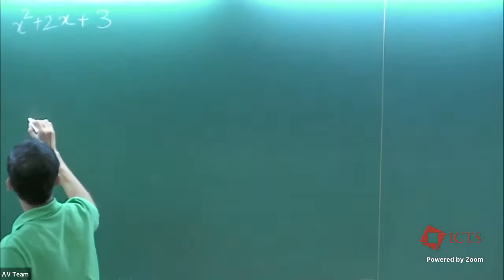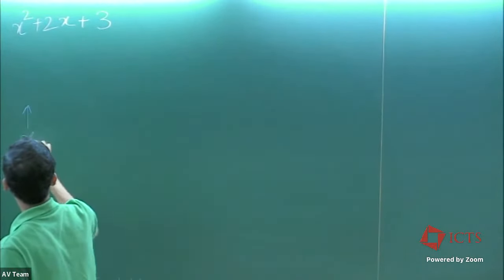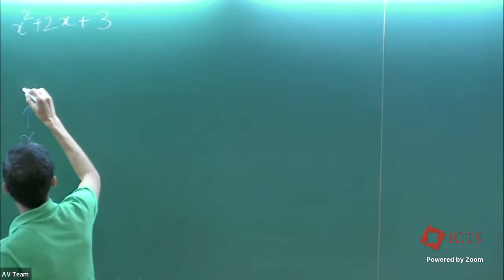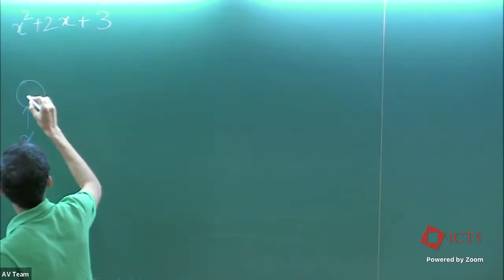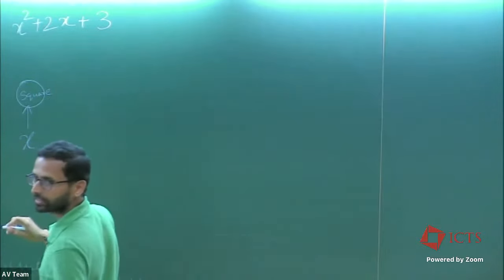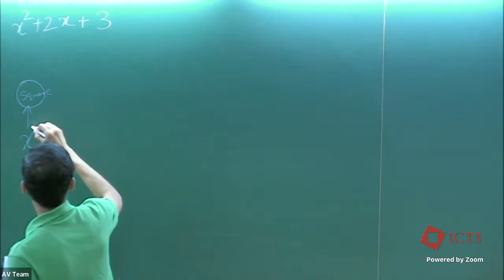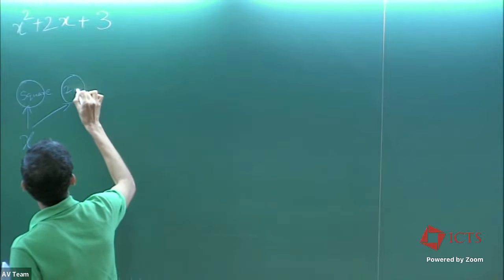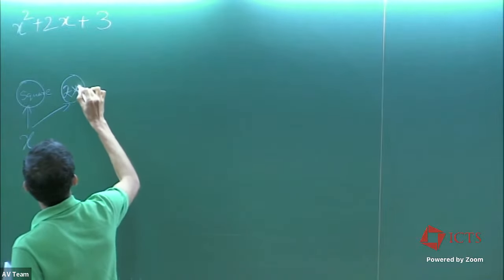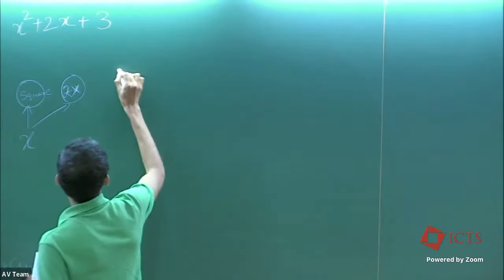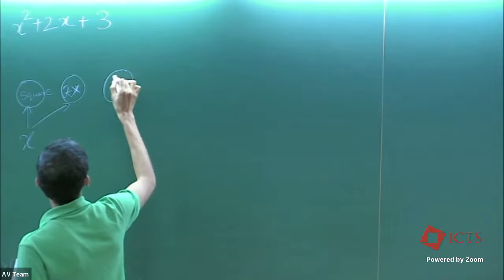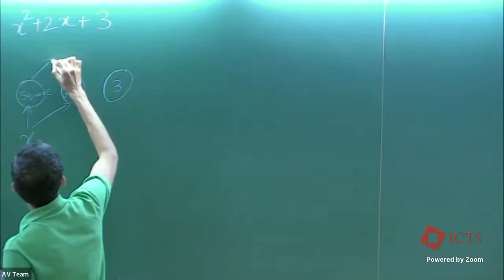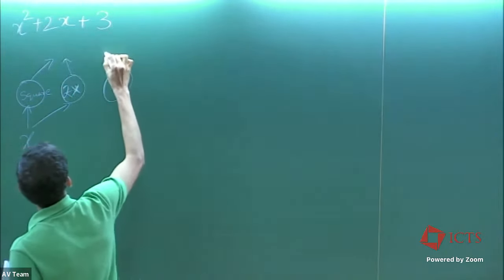The input is x, and there will be one node which is square, and then another node which is just, let's say, multiplies by 2. Another node just has a constant 3, and then you have an addition of all of these.